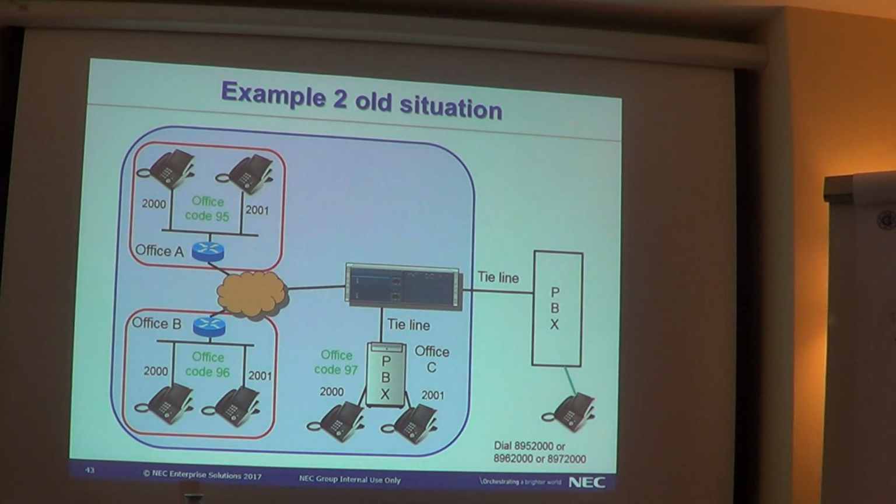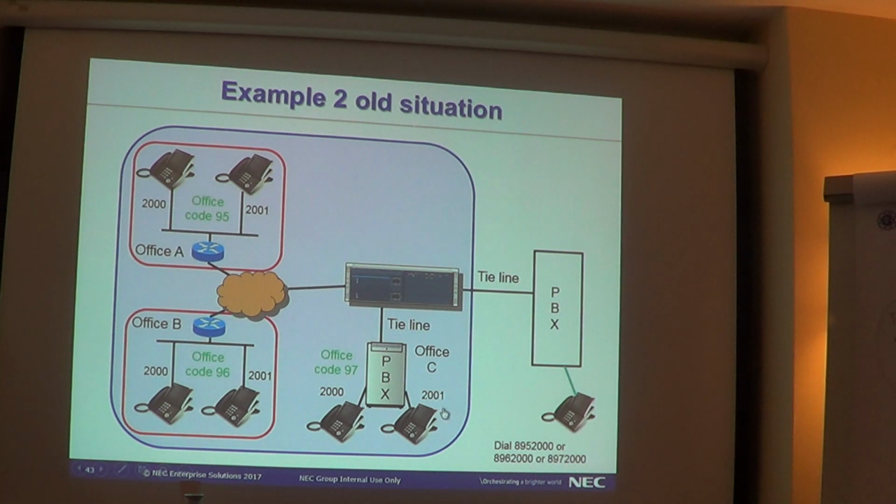Let's take another example. And here we have all PBX and two groups of users, two offices. If they would like to call from this office to this office, they dial 97. They call from this office to this office, they dial 97. If they call from this PBX to office B, they want to dial 96. And here they have to dial 95.